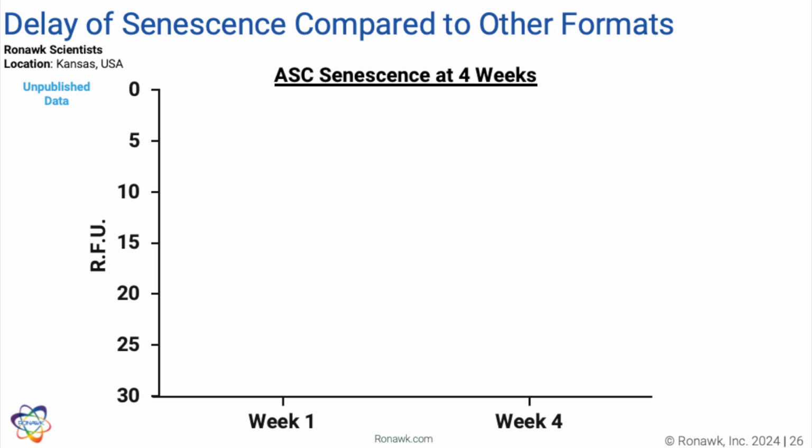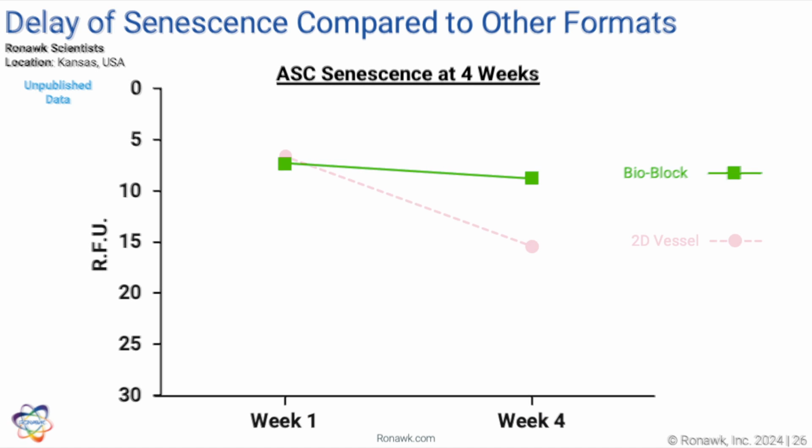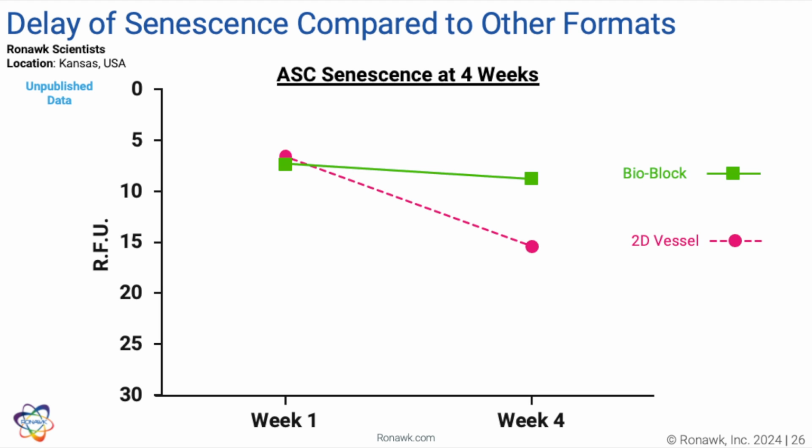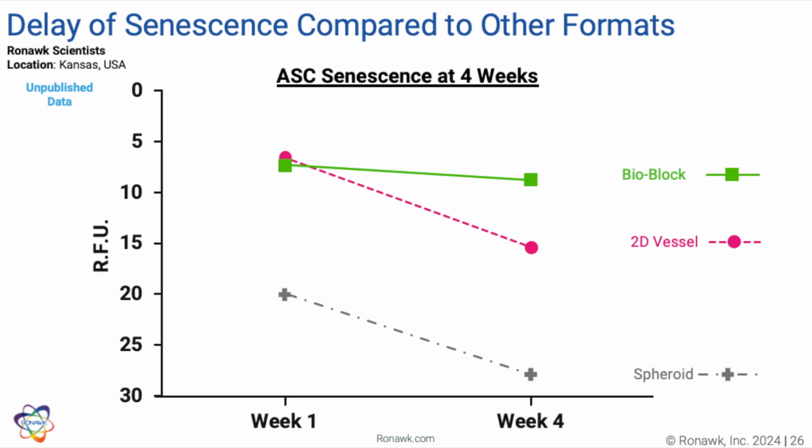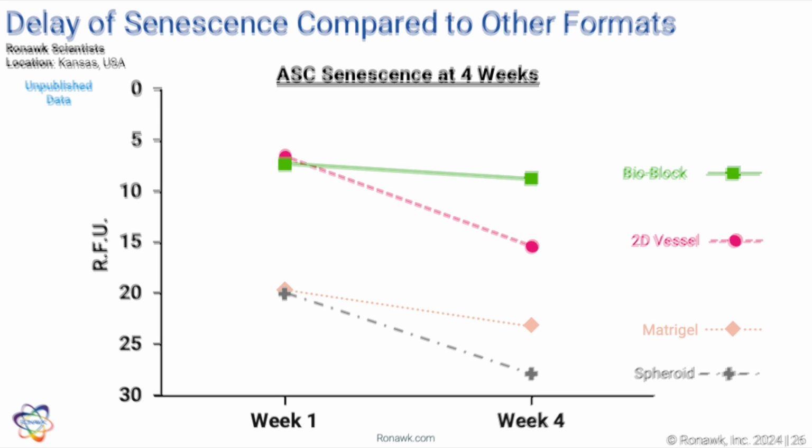We then took this even further and said, okay, yes, 2D culture increases senescence, but there are many other ways that we can culture cells, especially MSCs. So we tried to culture MSCs in the 2D control and our bioblock. We also cultured them in low attachment, round bottom plates to create spheroids, and we also created spheroids with Matrigel in them.